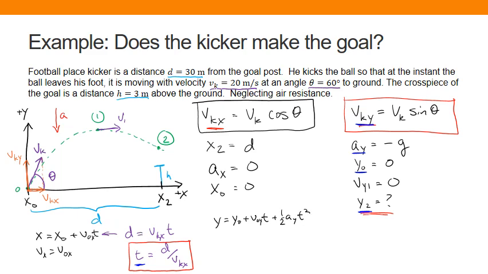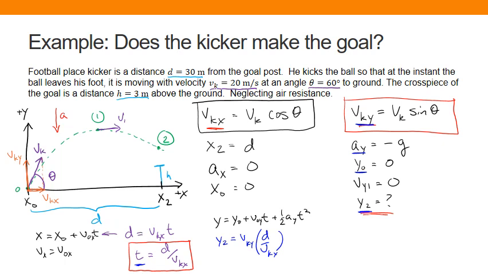Of course, I always want to turn this into an equation that fits my problem, so I'm going to substitute. This is y2 equals y0, which was 0, plus vky, that was my initial kick velocity, times the time, for which I will substitute in the bit I know, d over vkx.